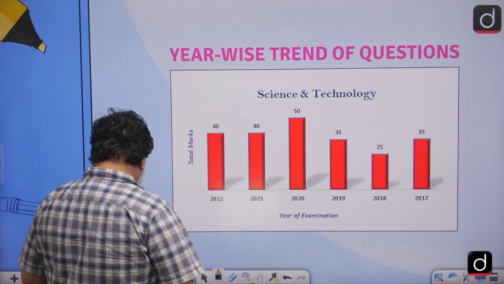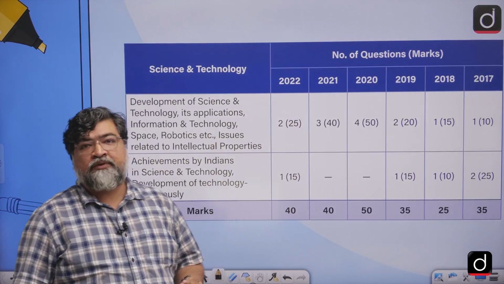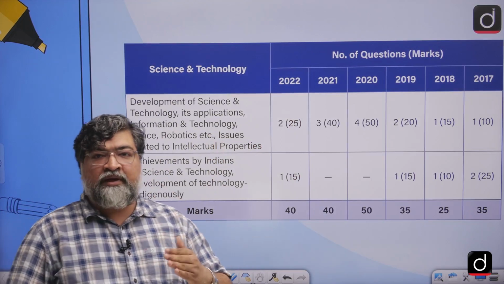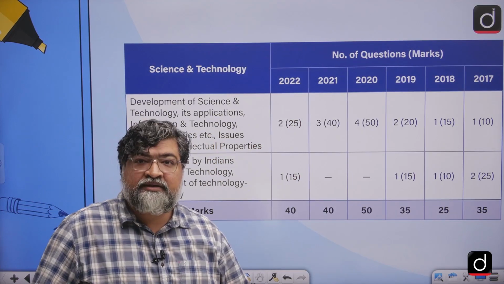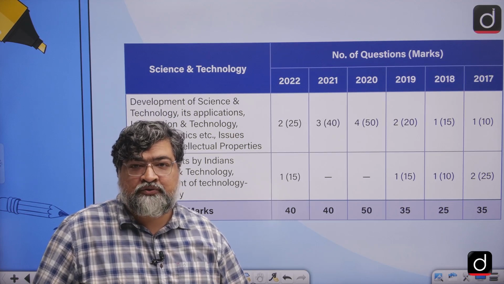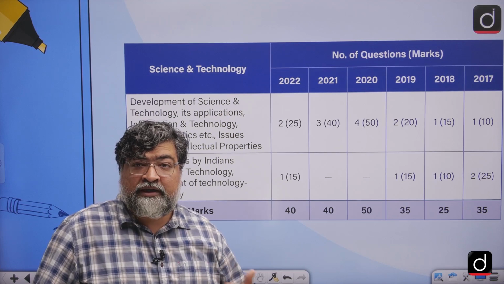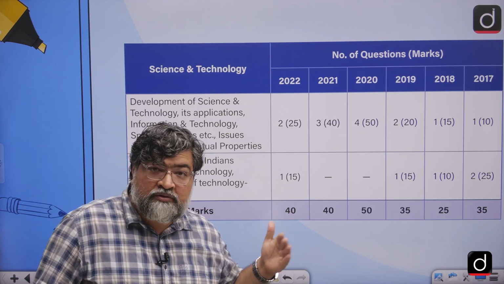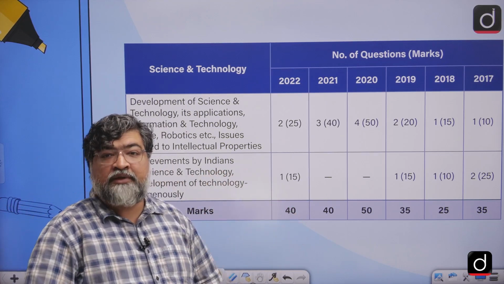If you see them according to the syllabus, you all know the main exam syllabus. One area is development in science and technology, indigenization, IPR issues, development in space, IT, biotechnology, nanotechnology, robotics. Even the contributions of Indians.